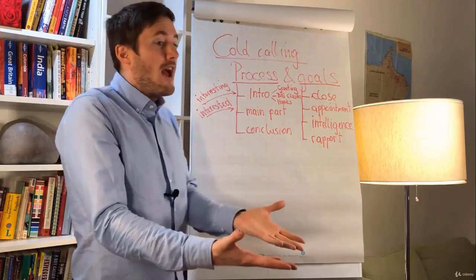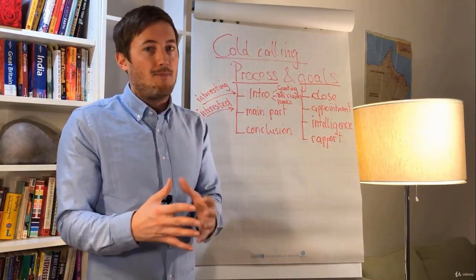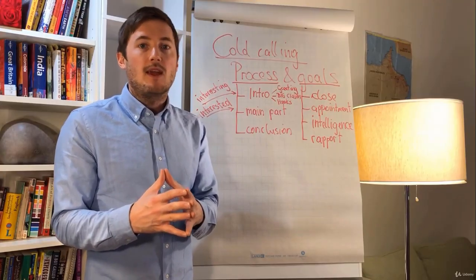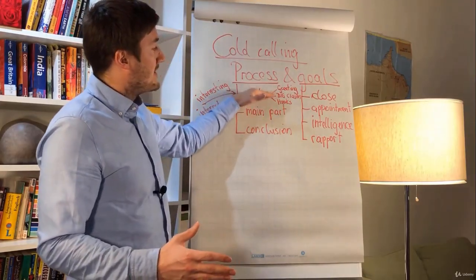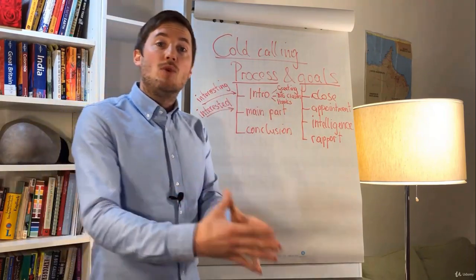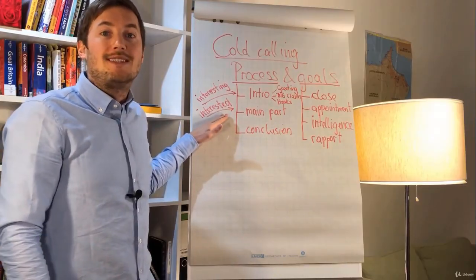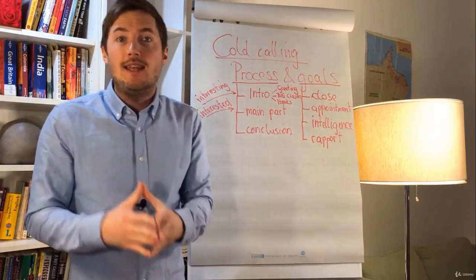And then, and that's very important, you don't just ramble on. And that's, again, the biggest mistake that most salespeople are making. They never stop. They stay in this mindset. But instead, you want to take a step back. And in the main part, you want to be interested in them.